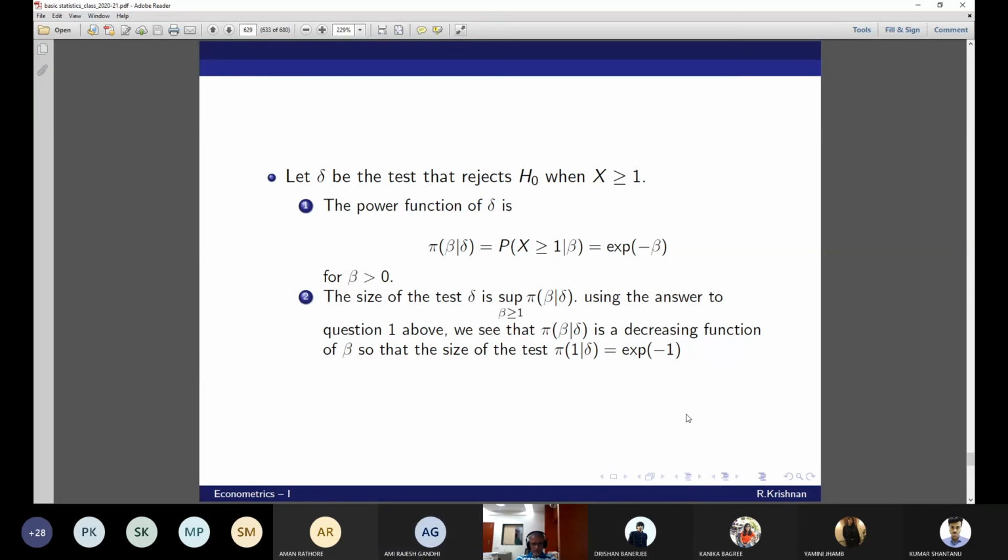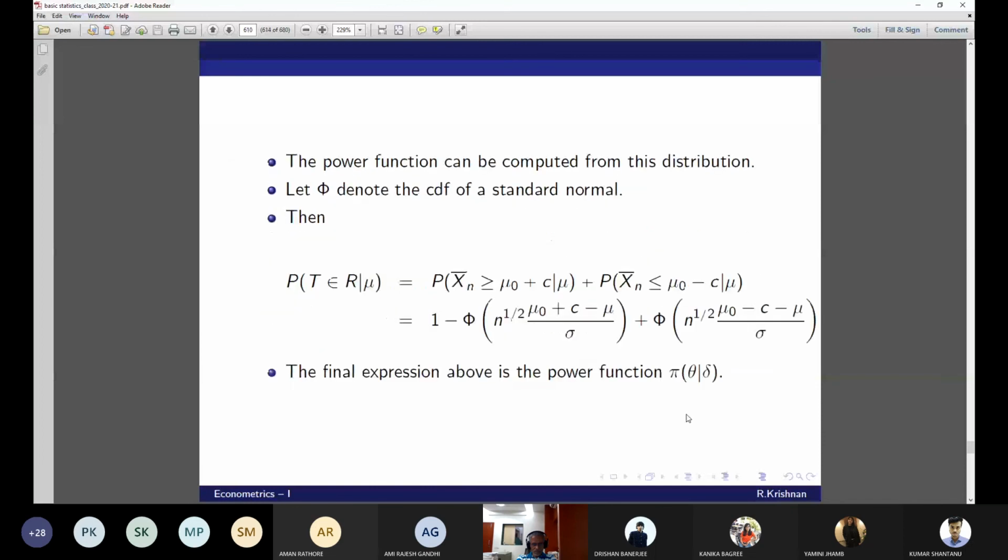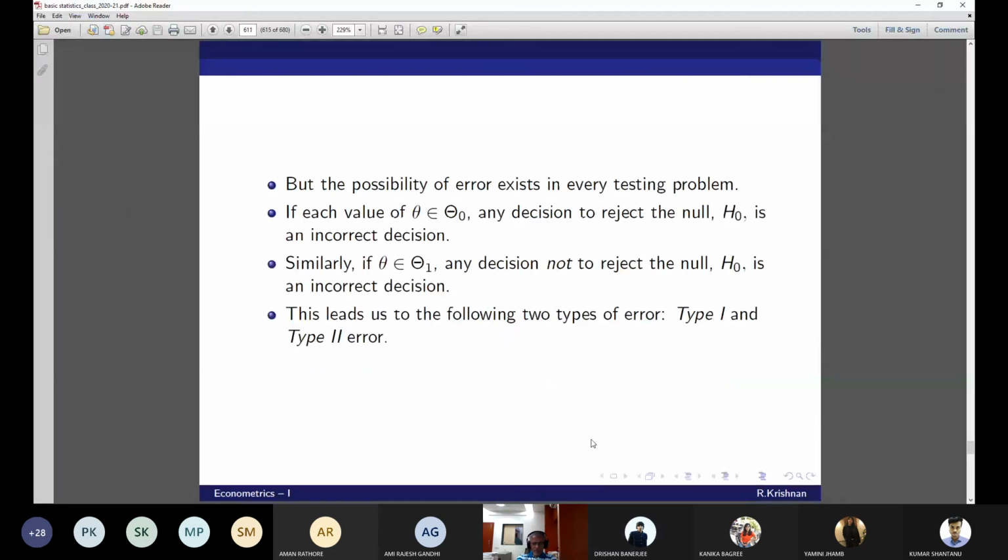I'll come to that question when I calculate the power of the test, slightly differently, by taking the normal distribution and calculating the power of the test when x is greater than some threshold, which is nothing but 1 minus something. Everybody knows this to be the power of the test. Am I right? Yes, I'm coming there.